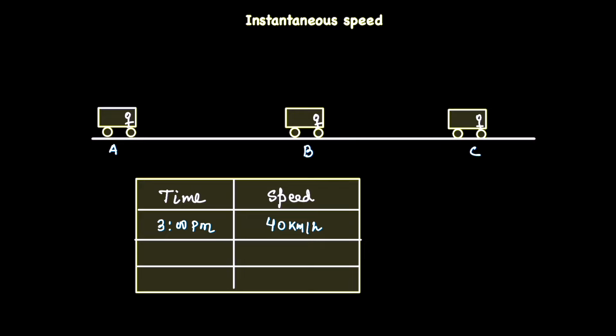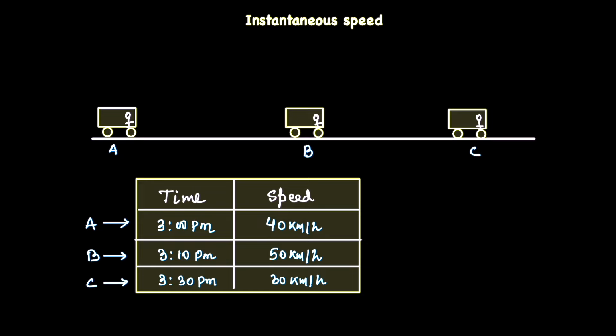At B, the time was 3:10 p.m. At that time the speed of the car was 50 kilometer per hour. And again at 3:30, the speed of the car was 30 kilometer per hour.